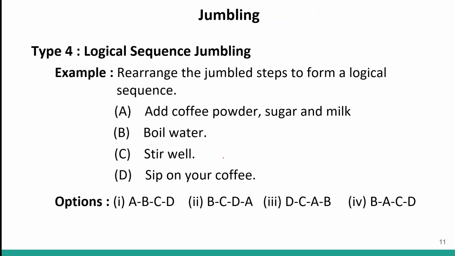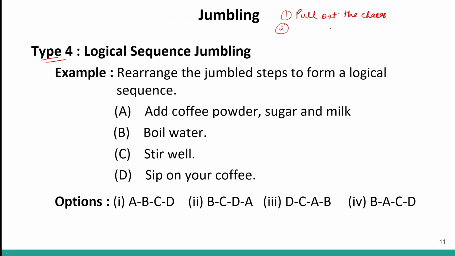Correct? Now, type 4, logical sequence jumbling. This is something also you can get. For example, let us come to this question later. Let us say you have a dining table in your home, right? The first step that you do is you pull out the chair, right?